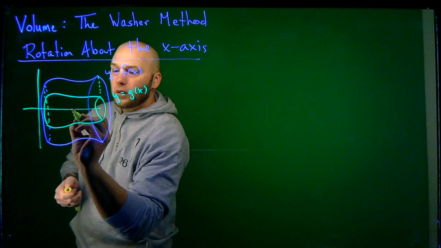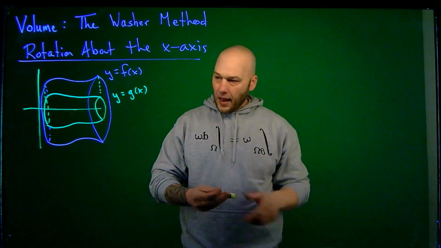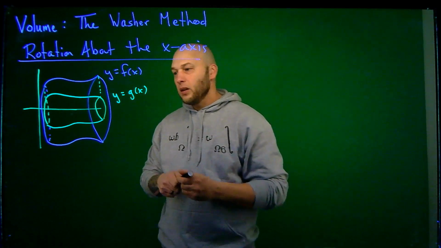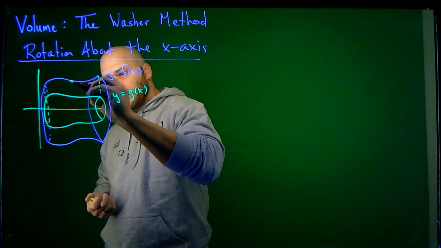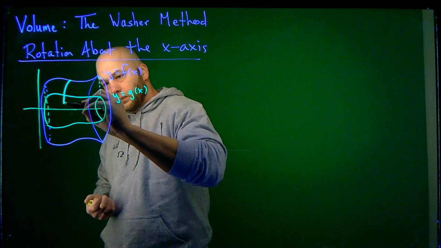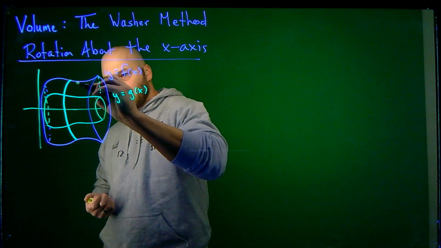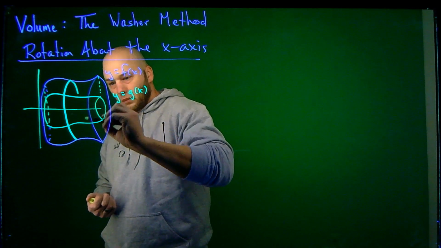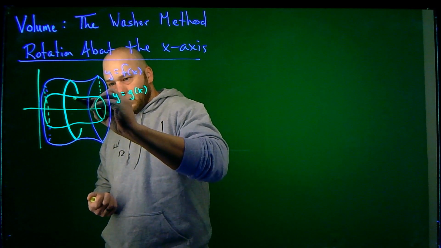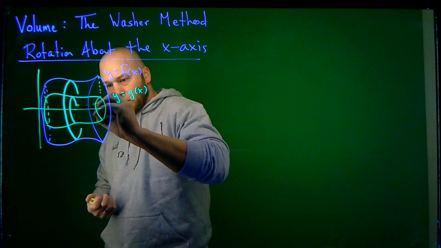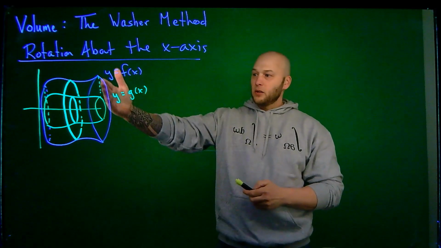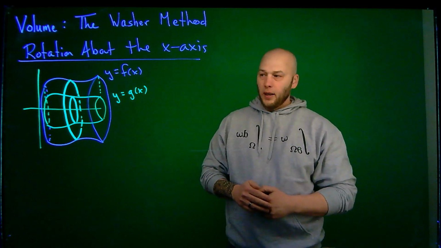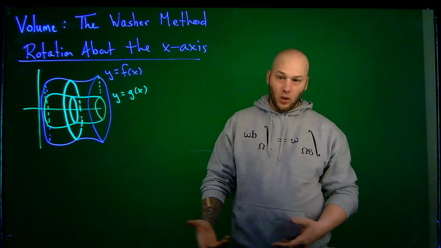And the way I'm going to do that is by looking at cross-sectional slices of this. And let's say a cross-sectional slice looks like this. This cross-sectional slice is going to look like a washer, and that's going to lead again to the washer method.